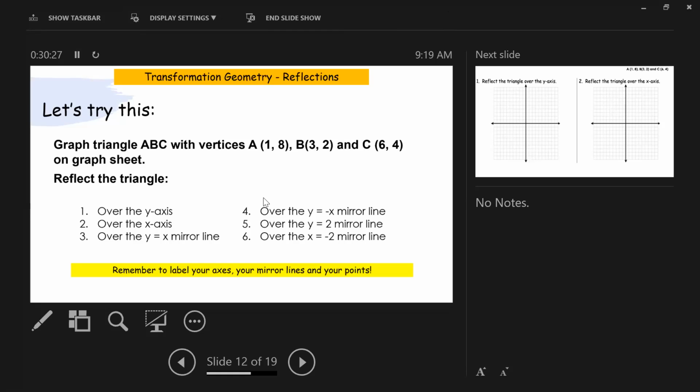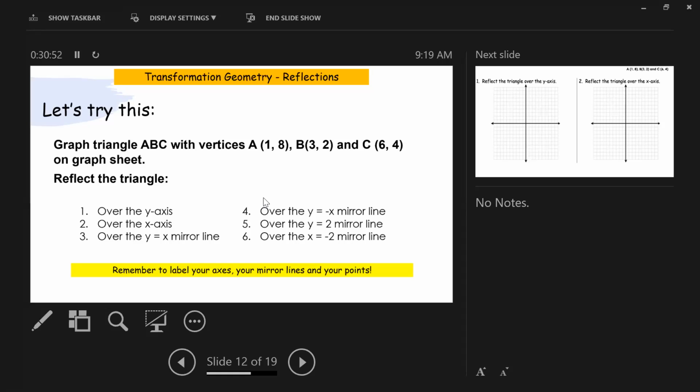It would be going from what direction, what end to what end? Anybody can tell me? The line y equals x. Nobody recalls? Okay, so that one would be going from the right to the left.